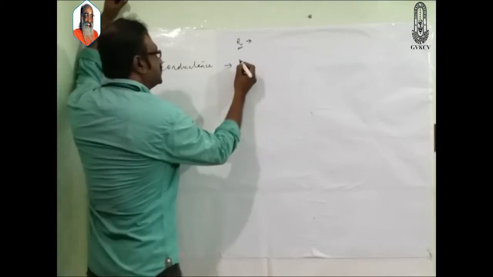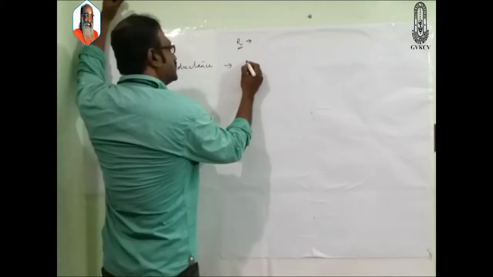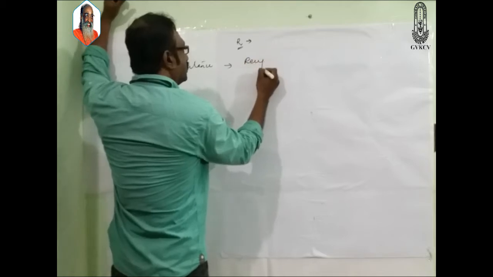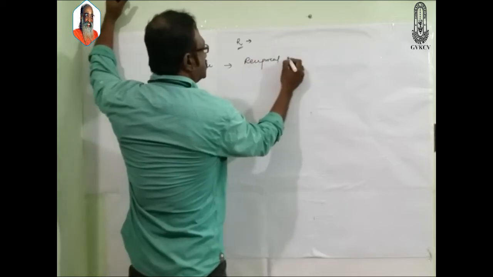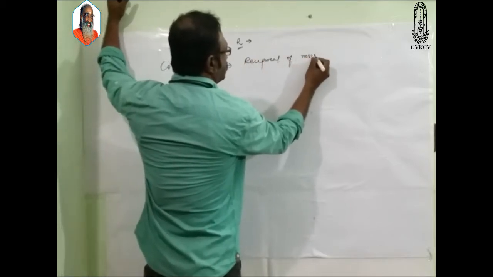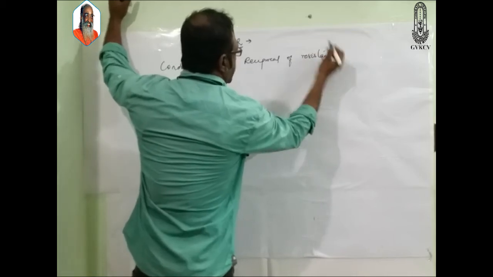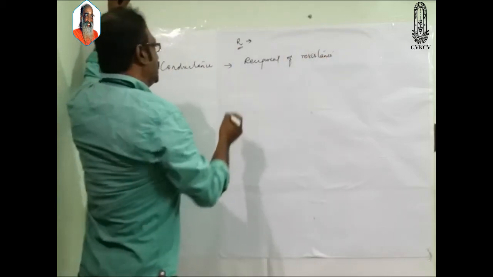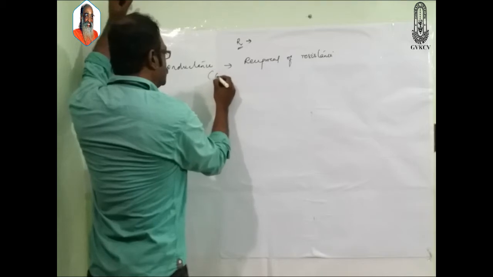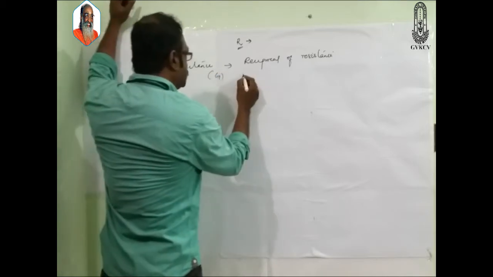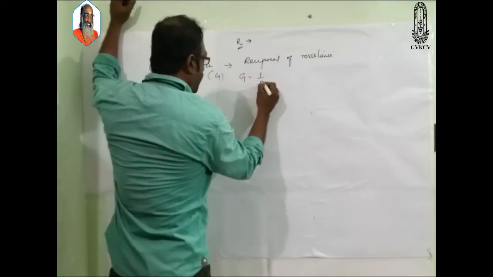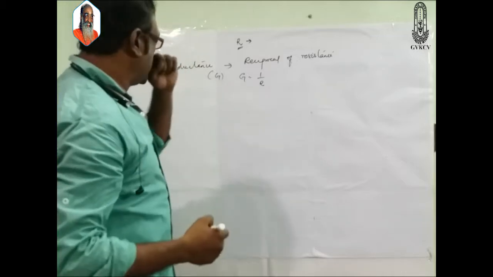The conductance is nothing but the reciprocal of resistance. Conductance is the reciprocal of resistance, and this is denoted by G. So G is equal to 1 by R, because it is the reciprocal.